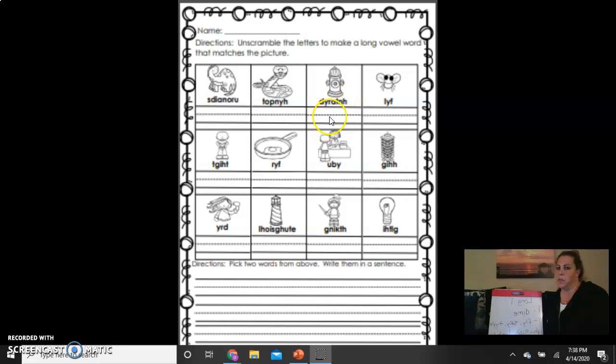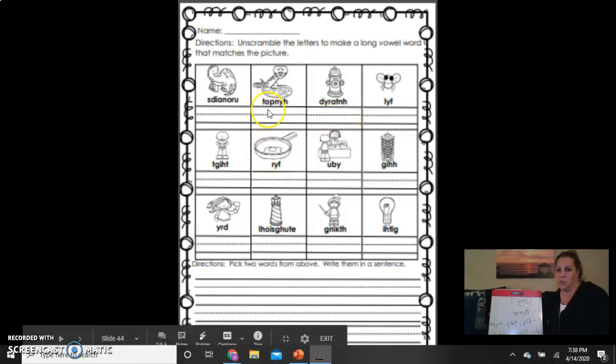But I don't see the word fire, I just see the word hydrant. And there's my Y, which makes the long I sound. So then I would write hydrant, hydrant. Okay, and then go ahead and finish all of those pictures that you need to unscramble.